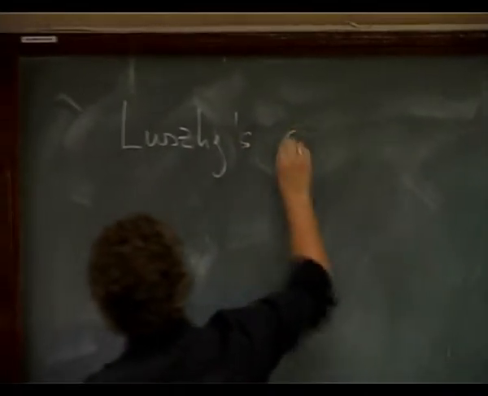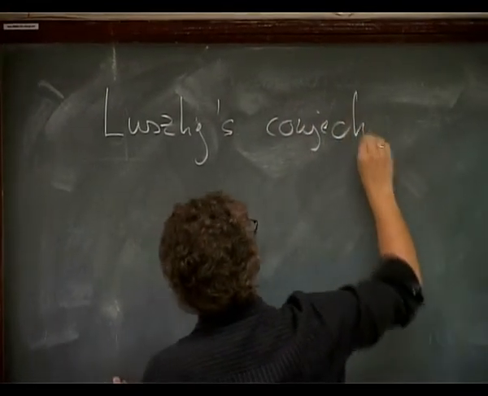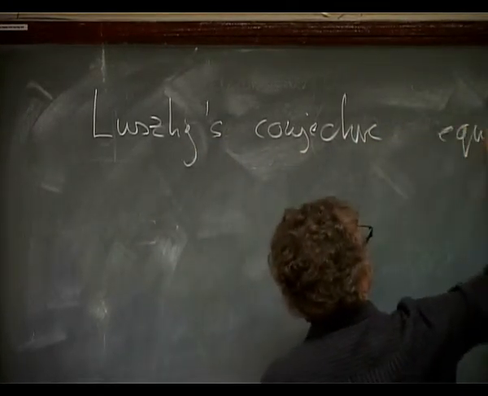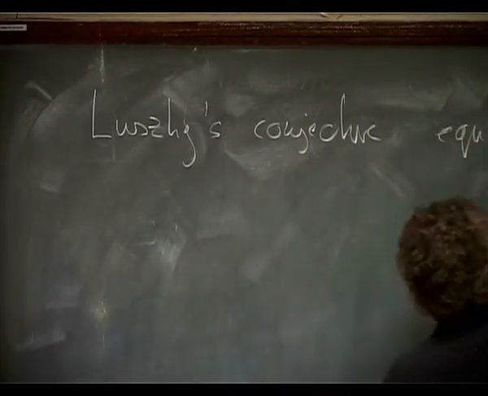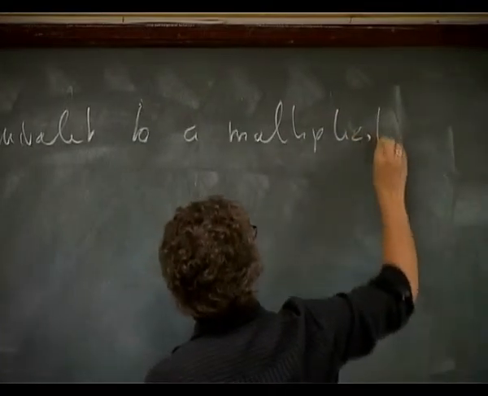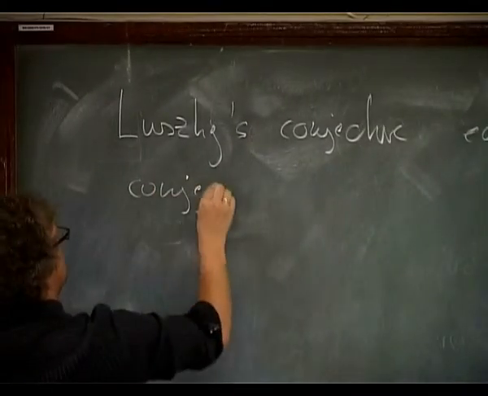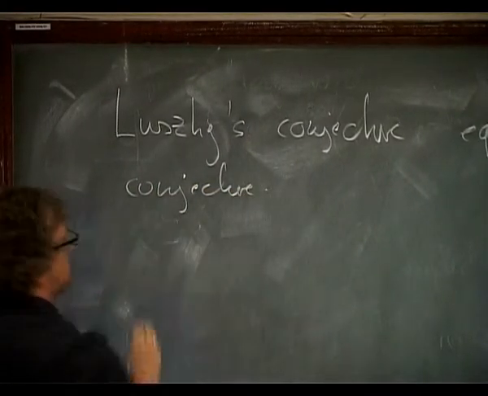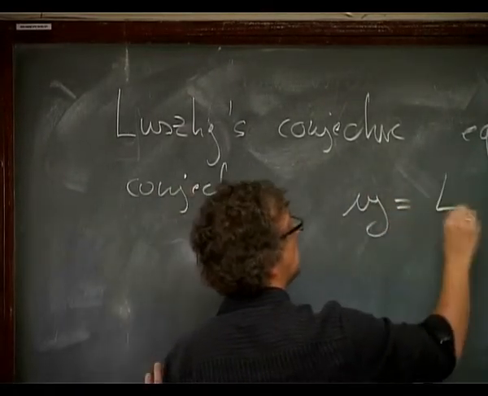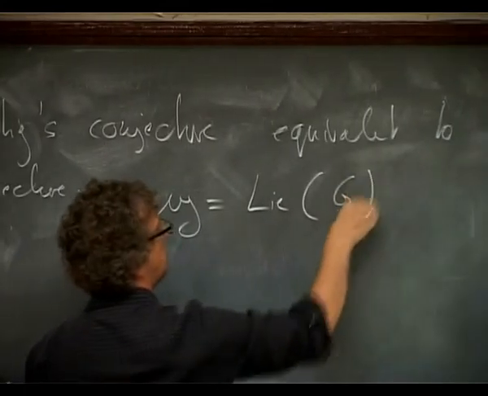Back to representation theory. So you prove that Lusztig's conjecture, as I said, is equivalent to a multiplicity conjecture. And this multiplicity conjecture is as follows. By g, we denote the Lie algebra of this group.